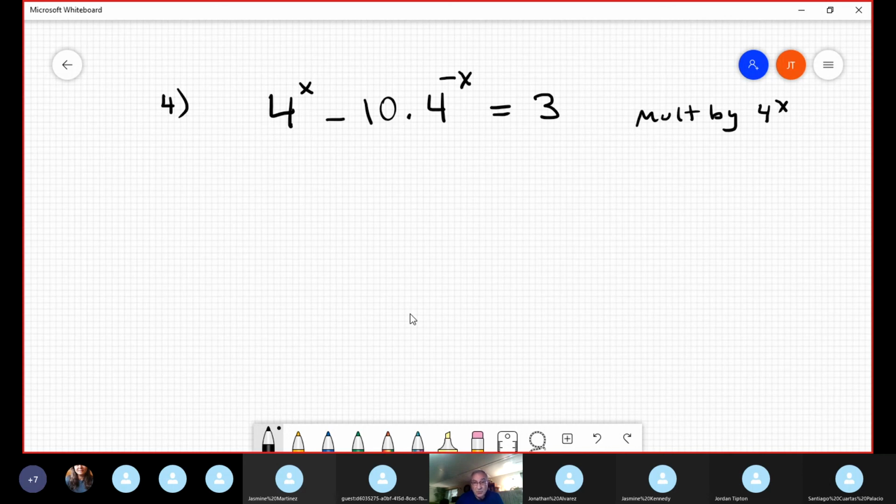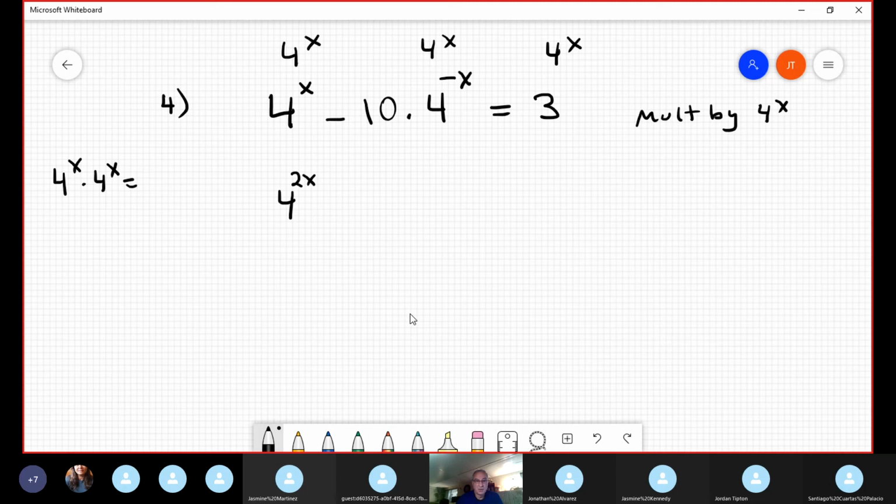Okay, so I multiply the entire equation. When you multiply 4 to the x here, 4 to the x here, and 4 to the x here, we have 4 to the 2x. Because remember, 4 to the x times itself, you add x plus x, is 2x.